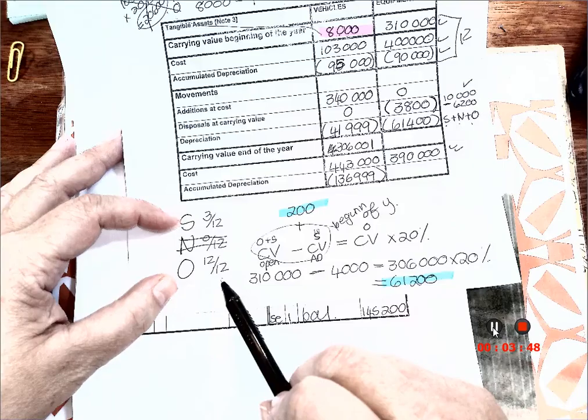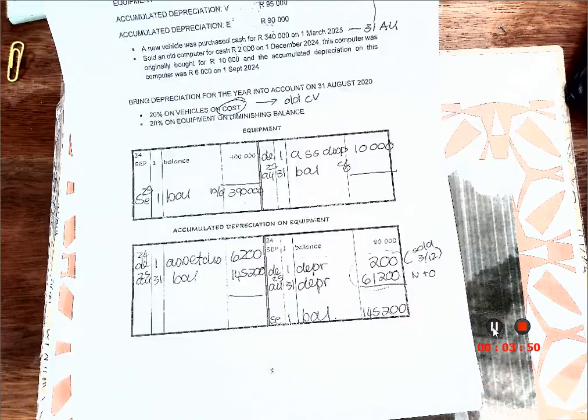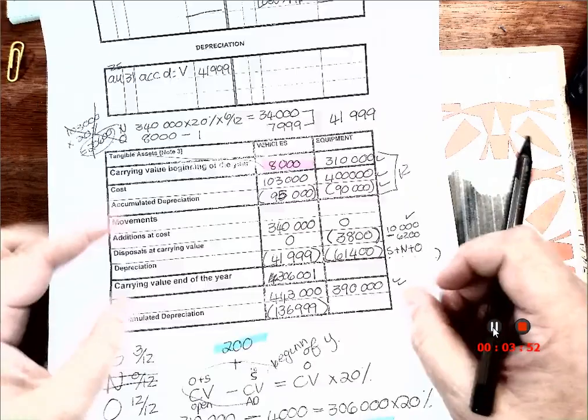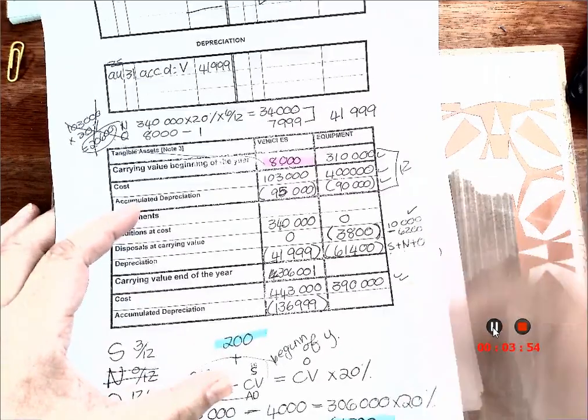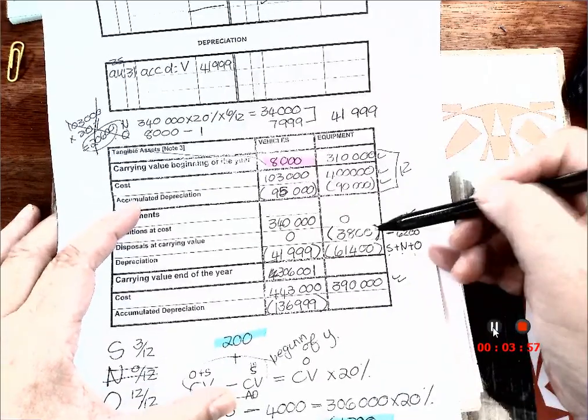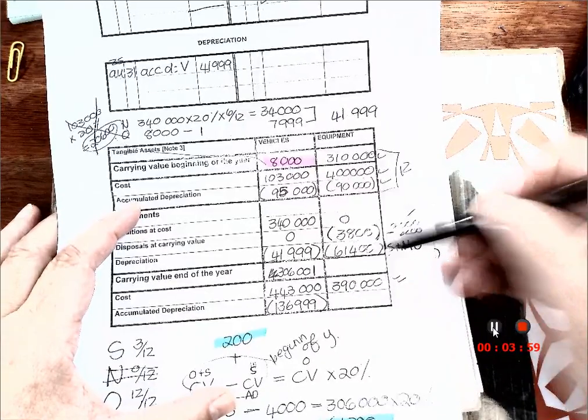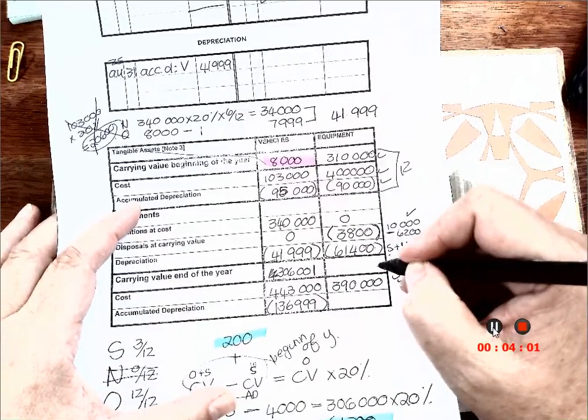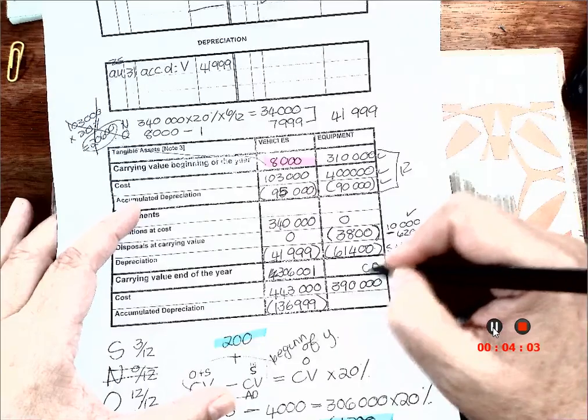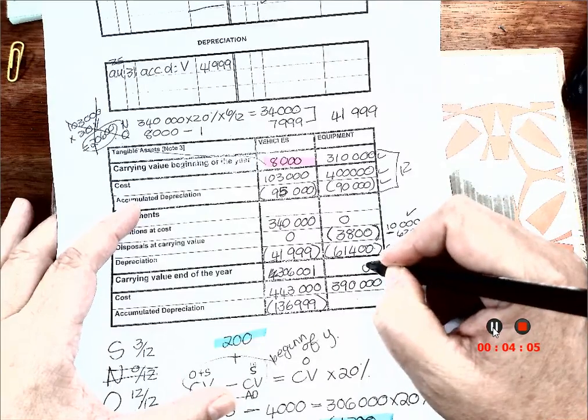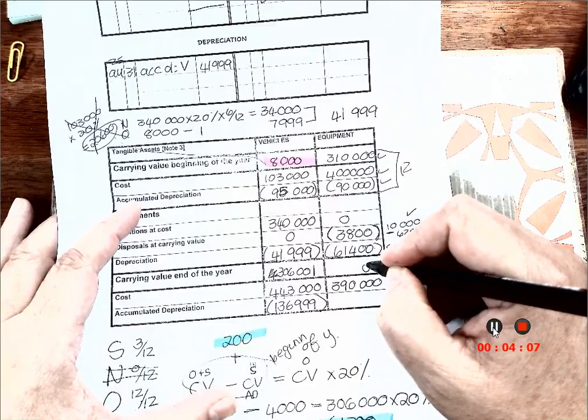Okay. So let's quickly see if we get the same amount here. If I say 310 minus 38 minus 61.4, it's going to give me, anybody? It was homework.